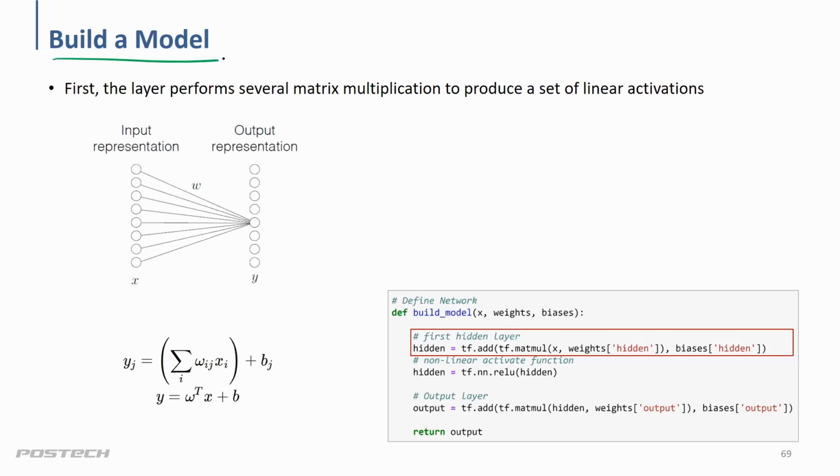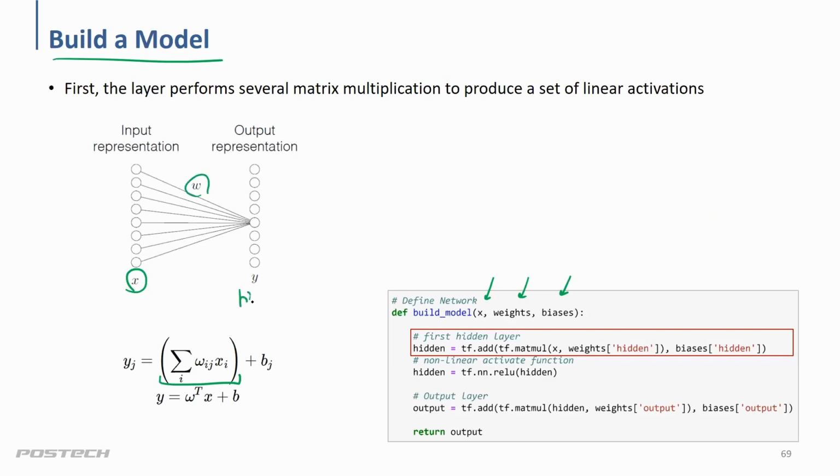And to put them together, let me see. The model now has inputs and all the weights and bias. For the first hidden layer, I'm gonna do linear combinations of X with all the weights.